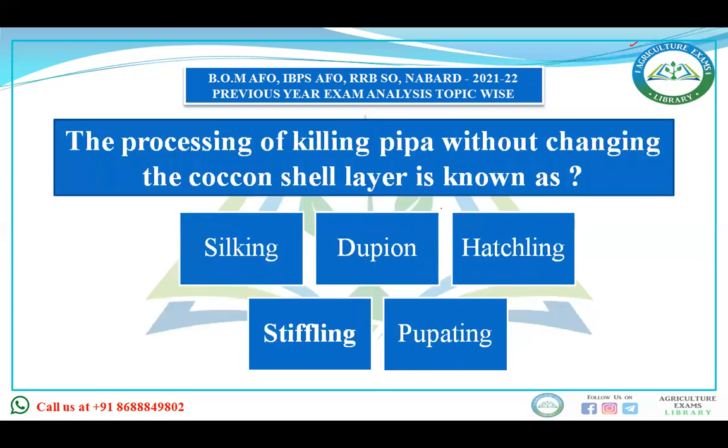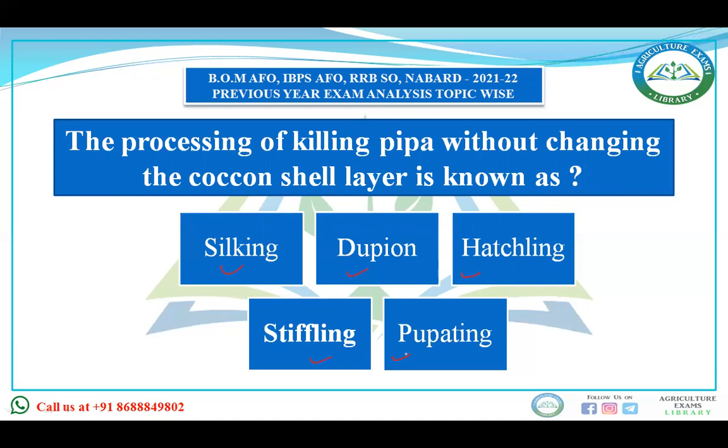Next question is regarding the process of killing the pupa without damaging the cocoon cell layer is known as silking, dupion, hatching, stifling, pipetting. First let us understand the difference between stifling and silk reeling. Silk reeling is unwinding of filaments from a group of cocoons onto a reel.